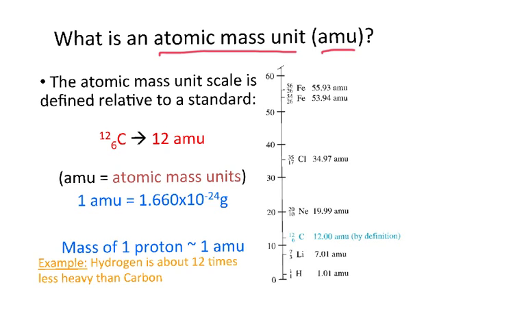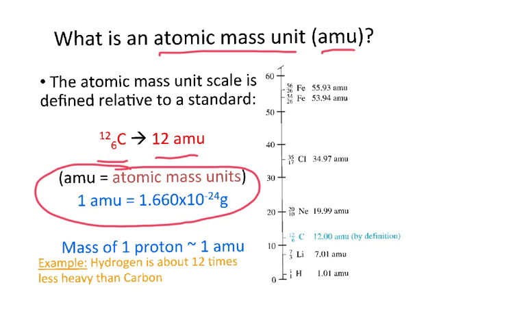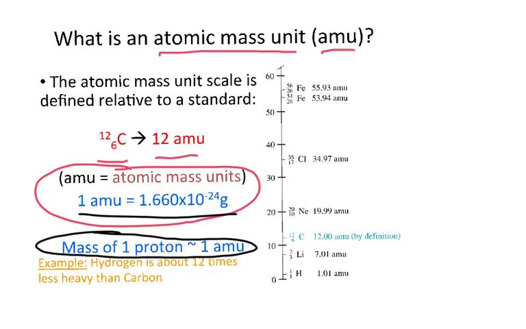It's defined by assigning a mass of exactly 12 AMU to a carbon-12 atom. 1 AMU is equal to 1.660 times 10 to the minus 24 grams. And this amount is equal to about the mass of a proton or the mass of a neutron.